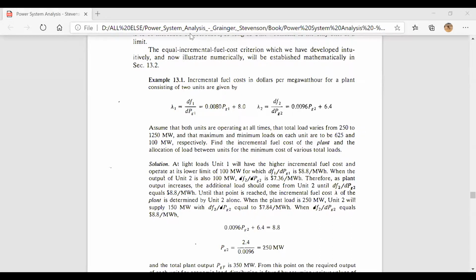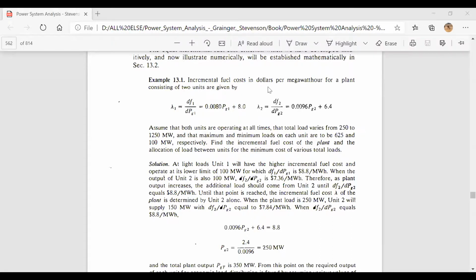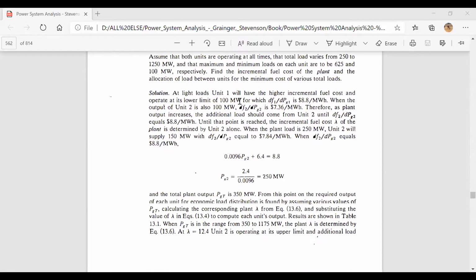They say incremental fuel cost in dollars per megawatt hour for a plant consisting of 2 units is lambda 1 is 0.008 PG1 plus 8. Lambda 2 is 0.0096 PG2 plus 6.4.